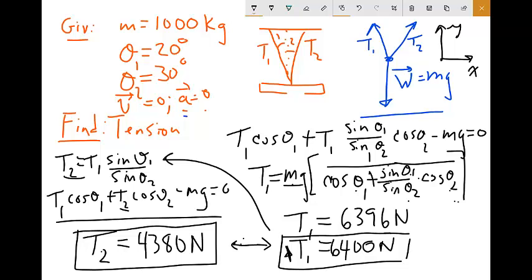Sounds like a lot, but if we just figure out the weight of this object, it's going to be 1,000 kilograms times 9.8 meters per second squared. So that's 9,800 newtons. So it's not surprising that these two tensions would be the same order of magnitude as that. And let's just make sure that we found what we were supposed to find in the equation, which was the tension of each rope.